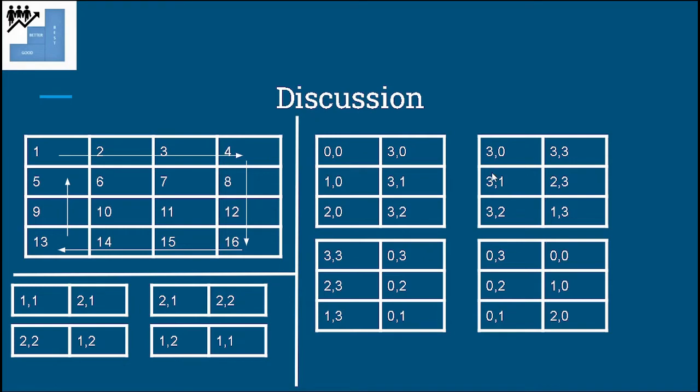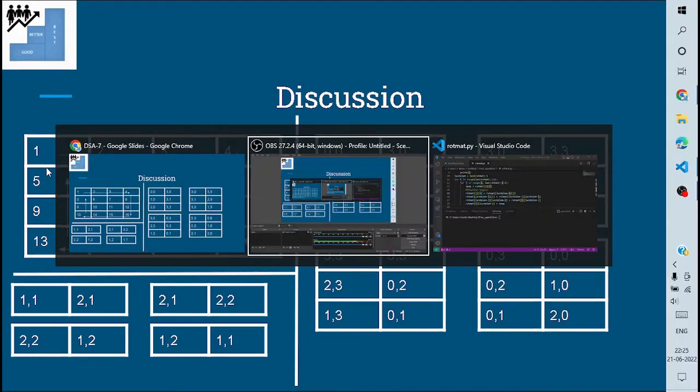Similarly, this where row remains constant is replaced by the column constant 3, like this value, right? Similarly, this is replaced by this where row remains constant to 0, and this is replaced by this where column remains constant to 0. This is clear. This is the replacement of the outer circle, right? Let's see this in the code.